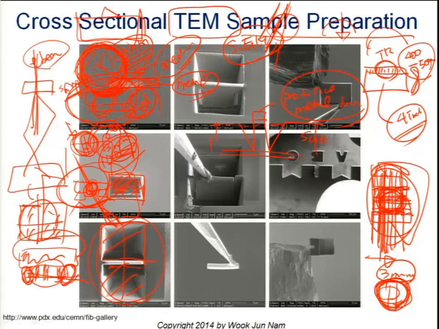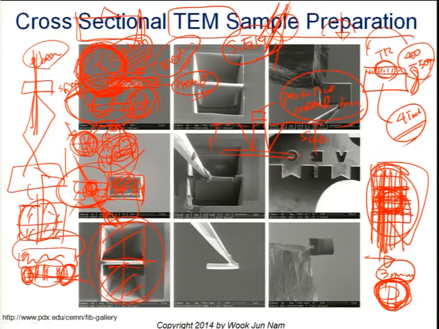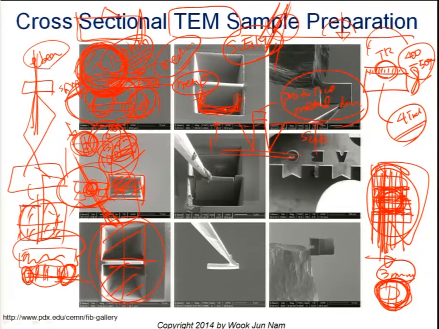So we will do that surface cleaning. And then as we thin both sides, we draw these structures. So instead of everything being connected, we can cut out this thin piece of the sample.